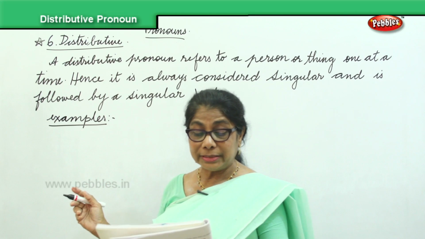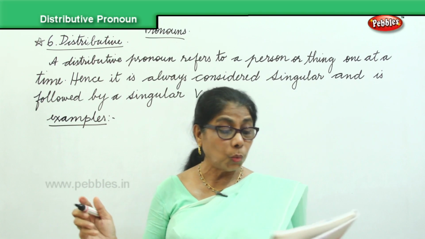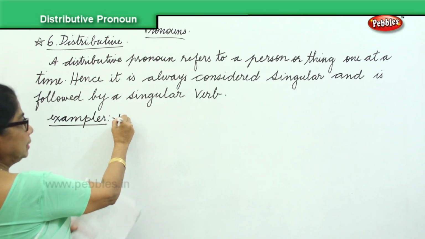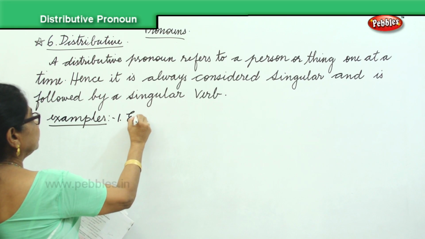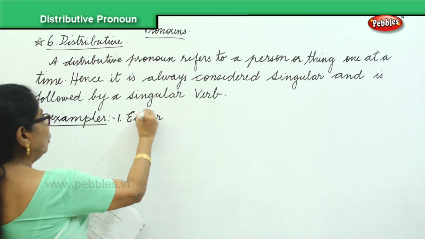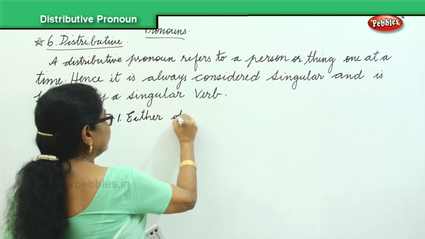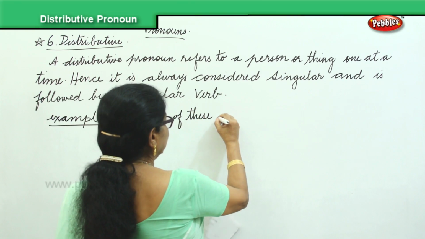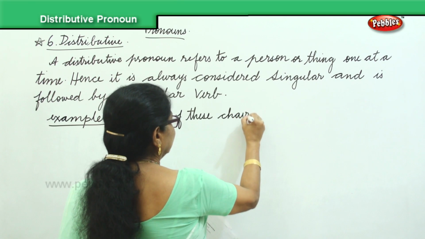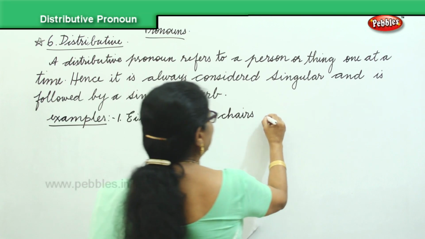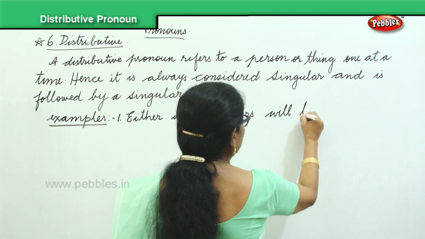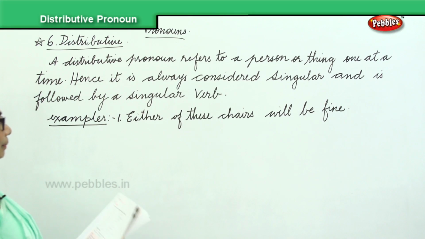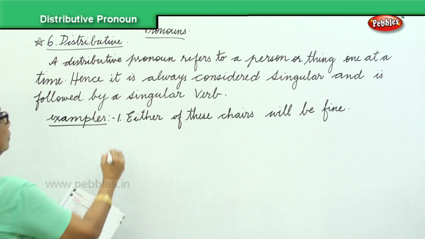The first example I have here is, either of these chairs will be fine. I'll write the sentences first, then we'll look at them together.